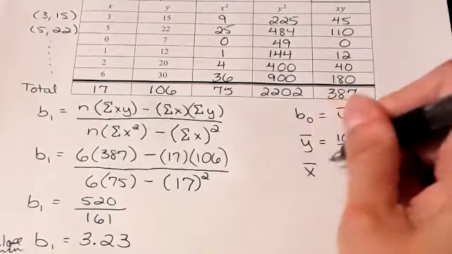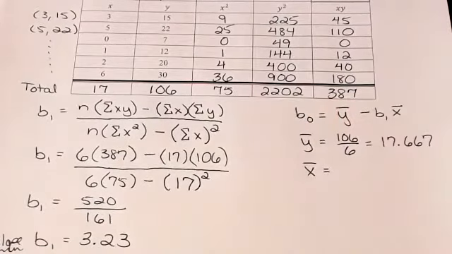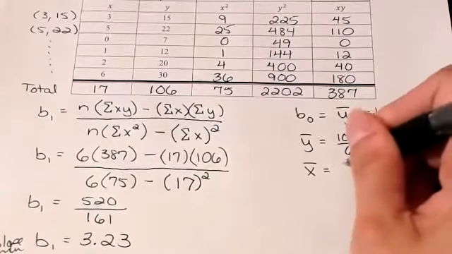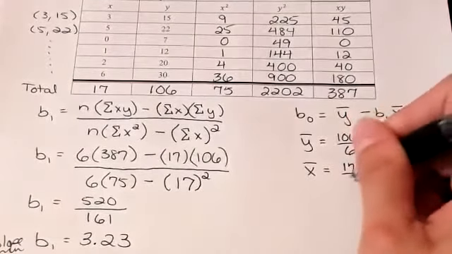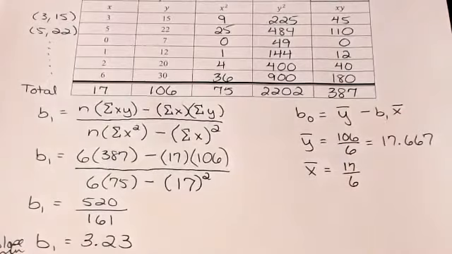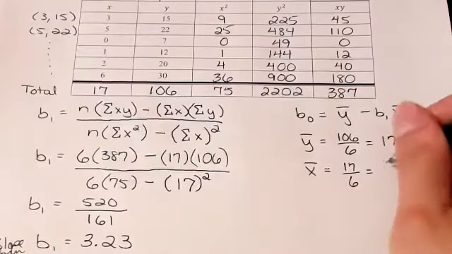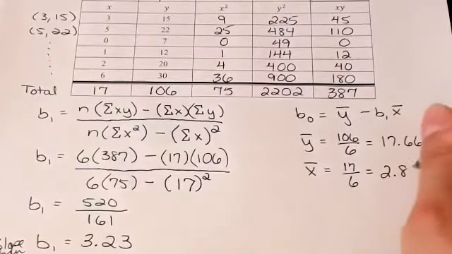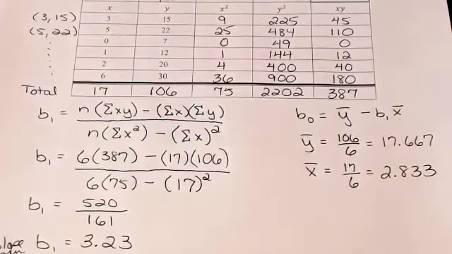X bar, same idea. Add up all your X values, which we did already, hence the chart. So when we added, we got 17. And you still have to divide by however many values we have. That's how you find the mean or the average. So 17 divided by 6 is going to give me, to 3 places, 2.833.